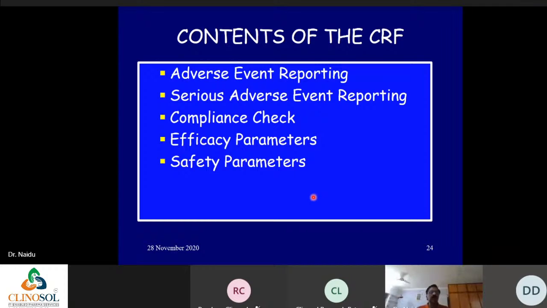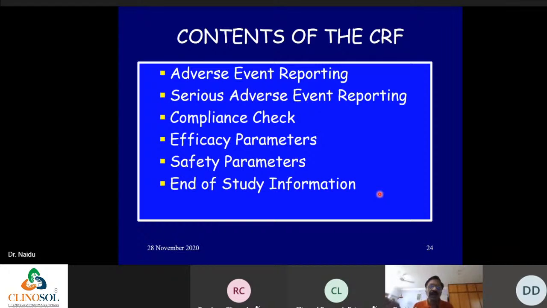So there should be a checklist. Whenever the participant comes, you have to ask about that, whether he is developing any of the parameters or not. So safety parameter checklist should be part of each case record form, and it has to be entered during each visit.